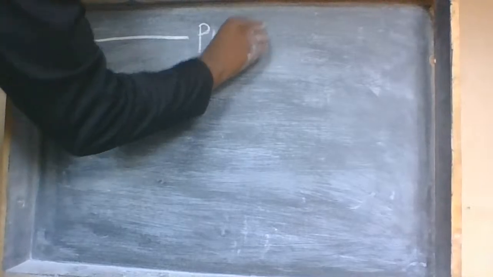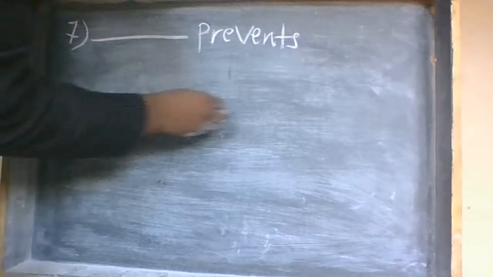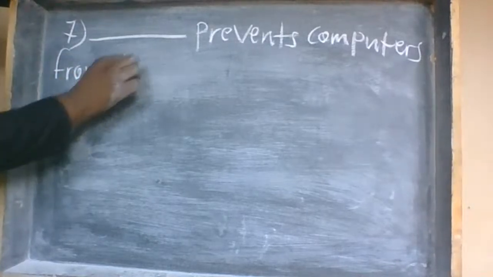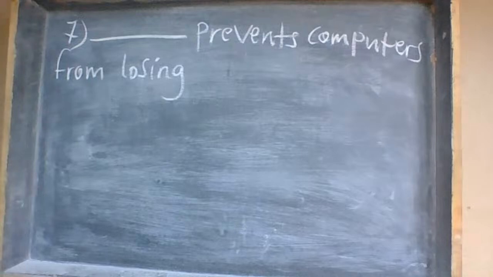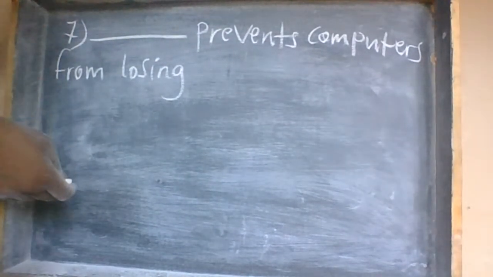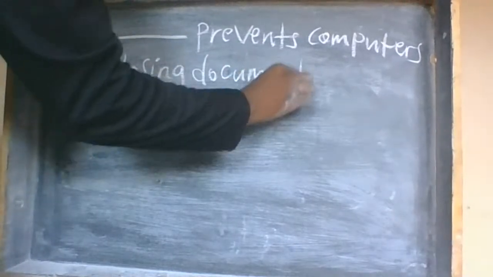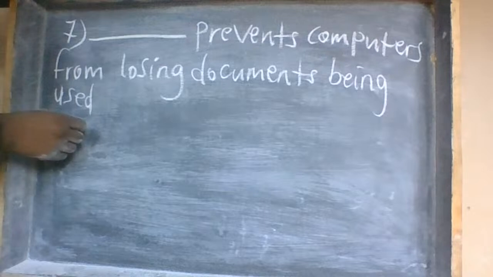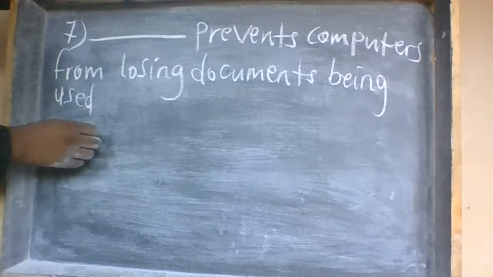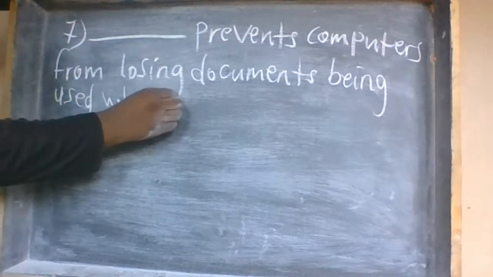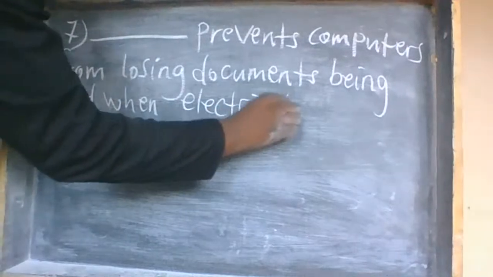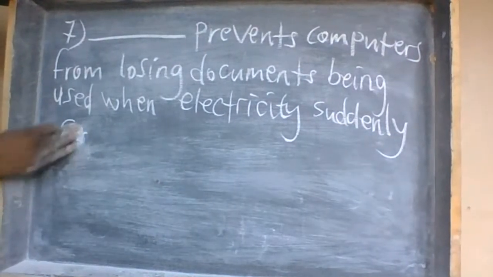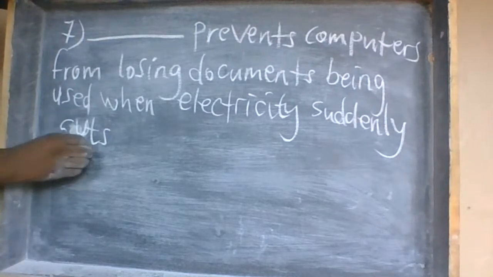Dash prevents computers from losing documents being used when electricity suddenly cuts.